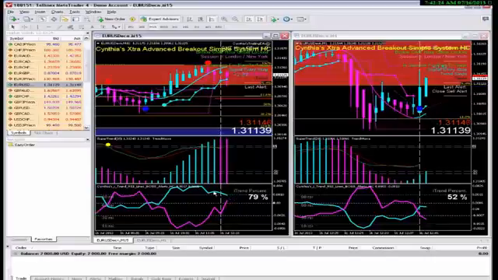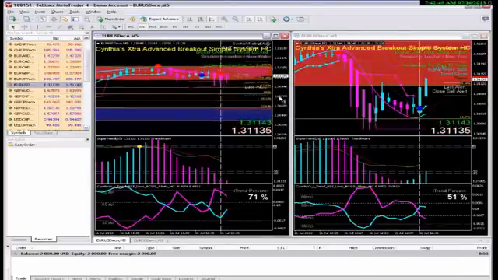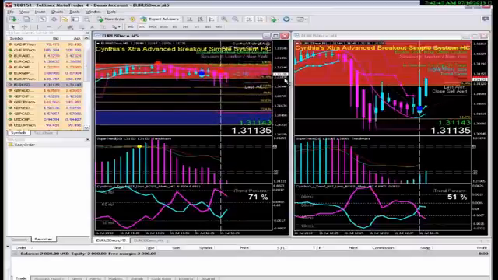But as long as the green itrend is on top, and it's still very strong at 79%, then we know we're in an uptrend, and we just have to wait for the consolidation to finish and the uptrend to resume. So we're on a little pullback here in the 5-minute chart, and what we're looking for is a resumption to the upside.